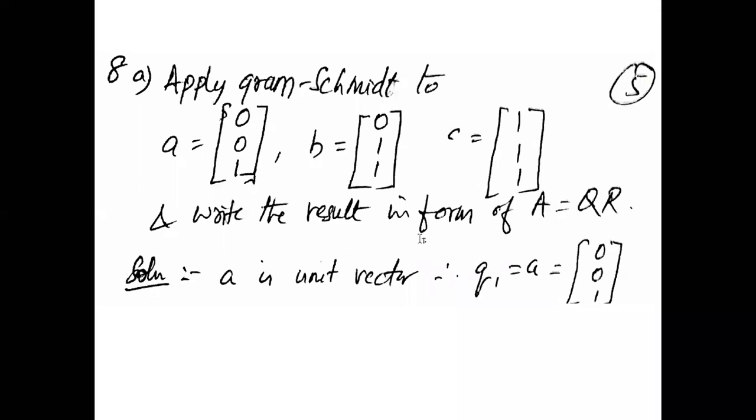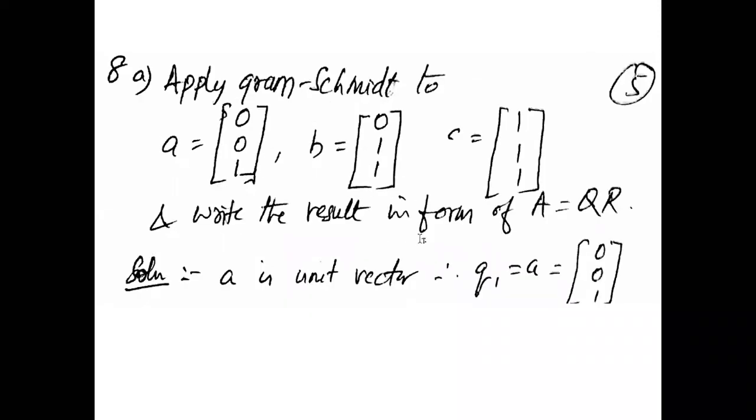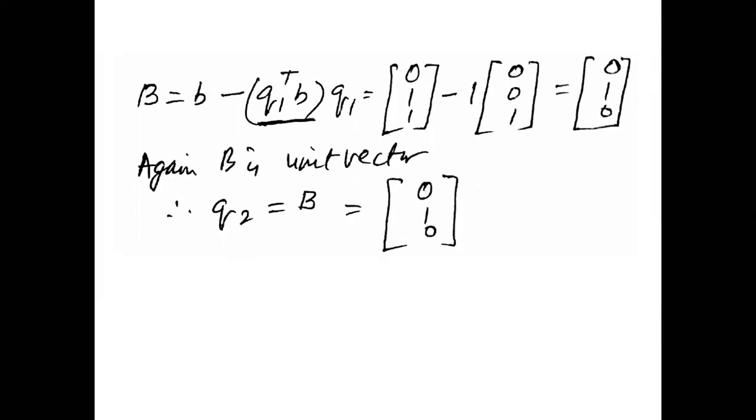Now, finding the length here is very simple because A is 0, 0, 1, and the length is 1. So Q1 is nothing but A, that is 0, 0, 1. So you found the first basis, which is Q1. Now, when it comes to the second basis, Q2, we have written B minus Q1 transpose B into Q1.